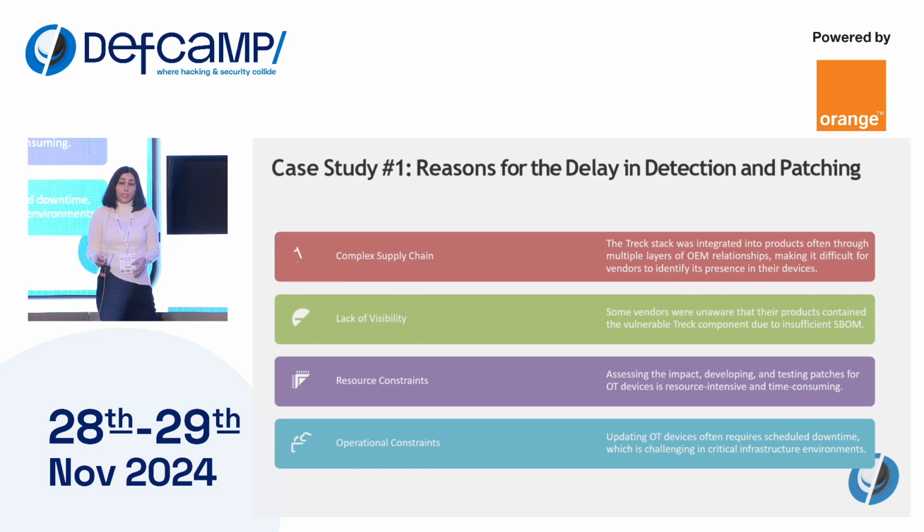And last but not least, especially in the OT space, you cannot just update whenever the patch is available. Sometimes you can, but in the OT space, industrial space, or critical infrastructure space, it's not possible. You need to wait, and especially in those environments, availability is important. So you need to wait until you can apply the patches.